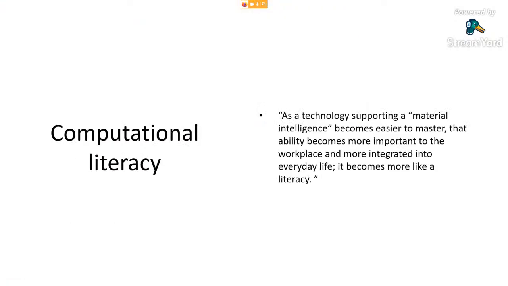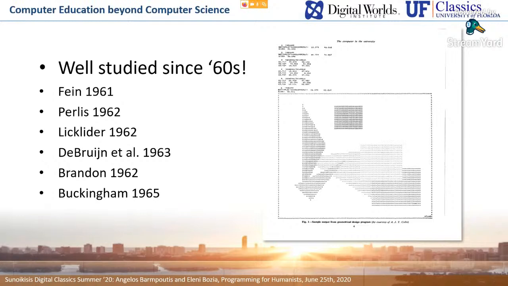And of course, there is a large number of scholarly works and surveys for further reading on the topic. It is a topic that has been very well studied going back to the 60s, and we have a few references here, and you can also consult our GitHub page.